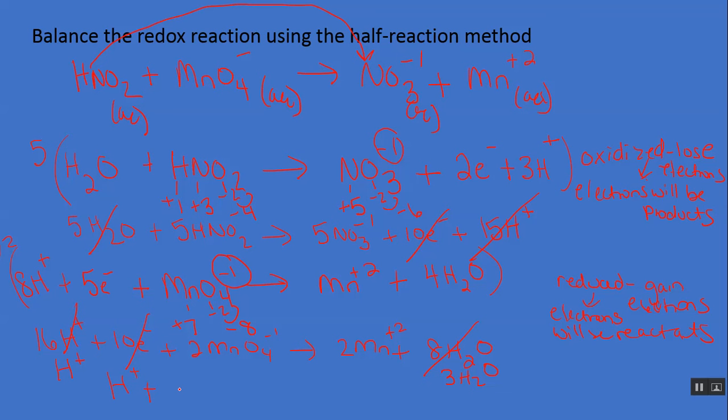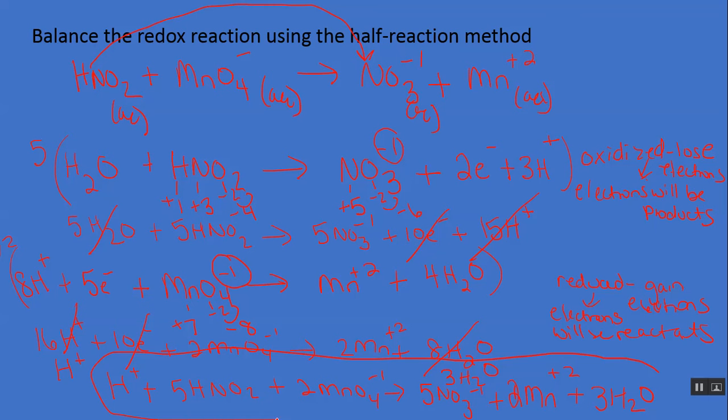We've got 1 hydrogen plus 5 HNO2s plus 2 MnO4 negative yields 5 NO3 negative plus 2 Mn2+ plus 3 H2O.